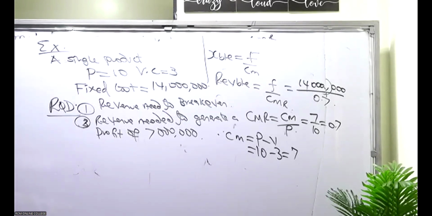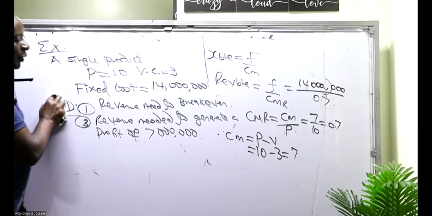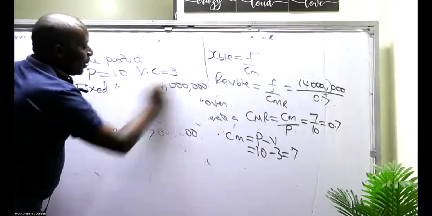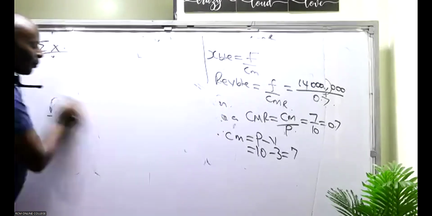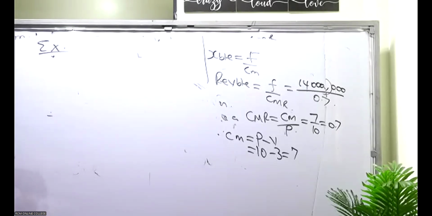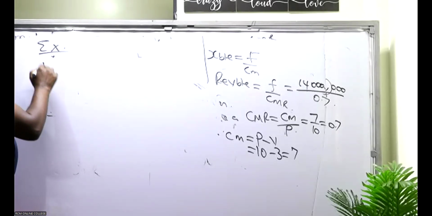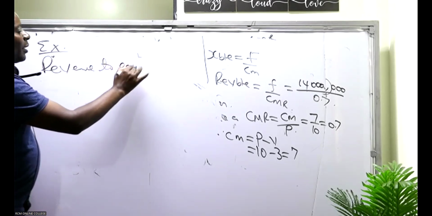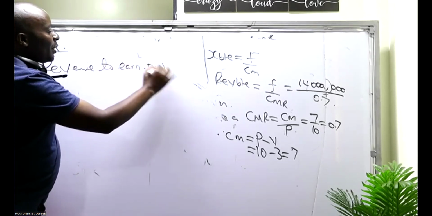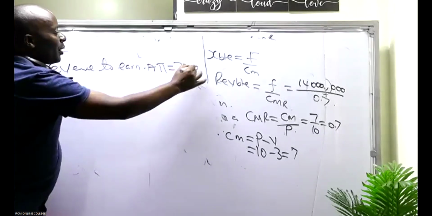Great. Then we have the second part, where they want us to give them revenue needed to generate a specific profit. So revenue to earn a profit of 7 million.